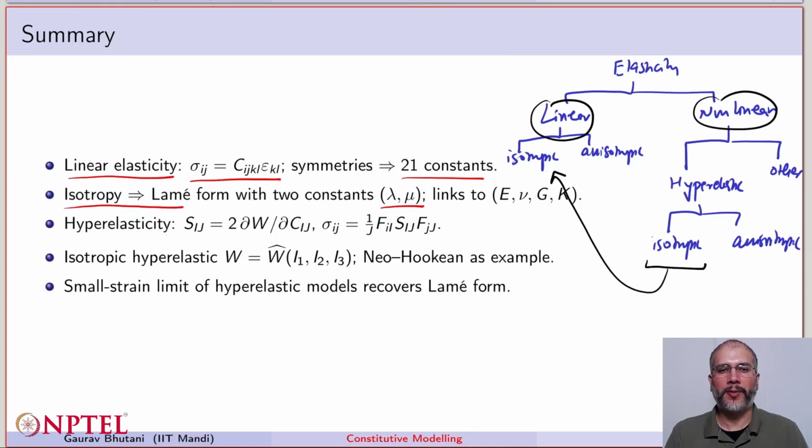Then we generalized our idea of the strain energy density function W, which was then used to define the finite stress tensor, that's the Euler-Kirchhoff's 2 stress tensor for hyperelastic materials, which was followed by a discussion on isotropic hyperelastic materials. And then we finally closed the loop by showing that our model for isotropic hyperelastic material, that's a Neo-Hookean material, boiled down to isotropic linear elastic material for small strain limit.